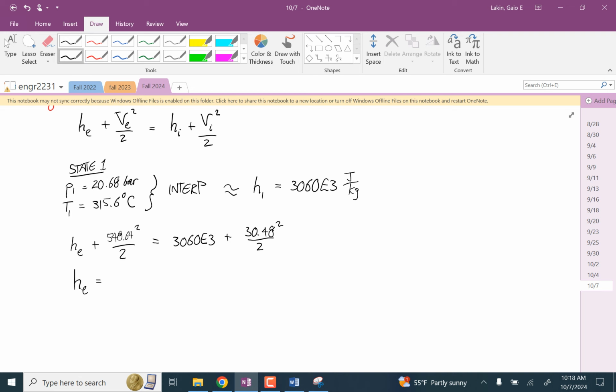So the exit enthalpy is 2.91 times 10 to the 6, and that is joules per kilogram.